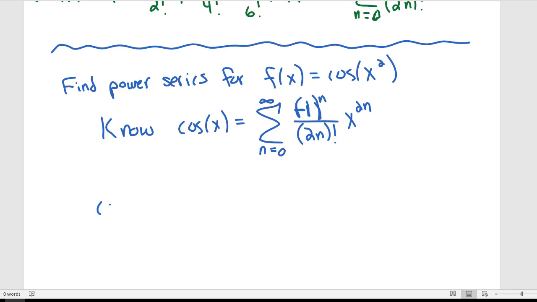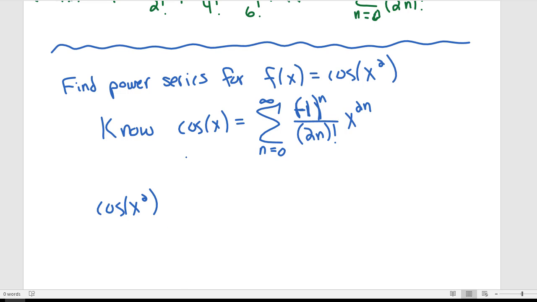Well, really, cosine of x squared is just a substitution. And here's what I mean by that. Let me come back to the cosine function. We're using x as the variable, but I could use any letter that I want. If I'm thinking of the input as an angle measure, then I could call this theta. Cosine of theta would be -1 to the n over 2n factorial theta to the 2n.